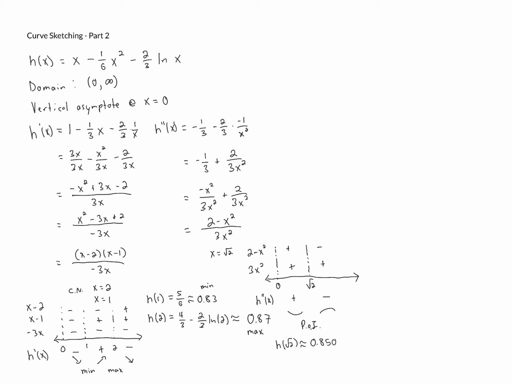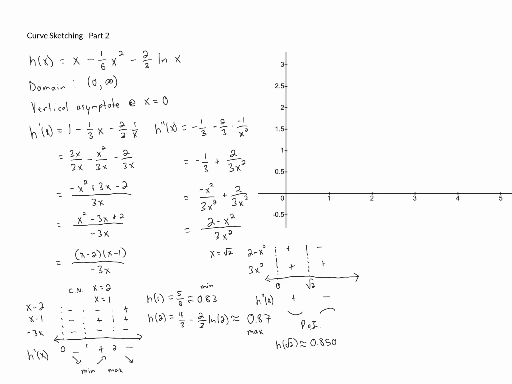Okay, and then we can start putting these things on a graph. I didn't put the grid lines on here because they looked more distracting than anything else in this particular set of axes. So let's not worry about that.